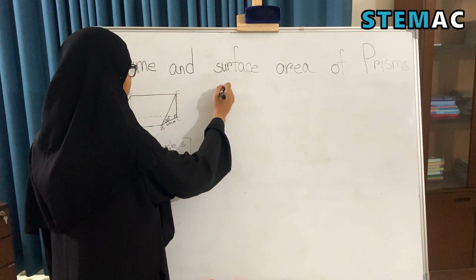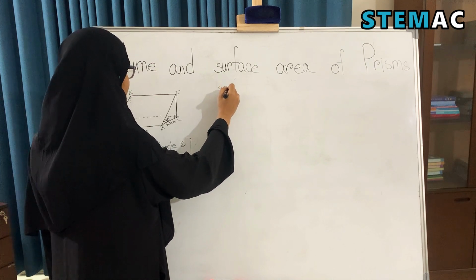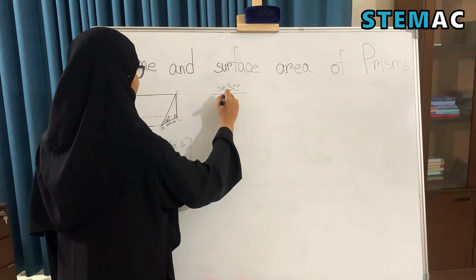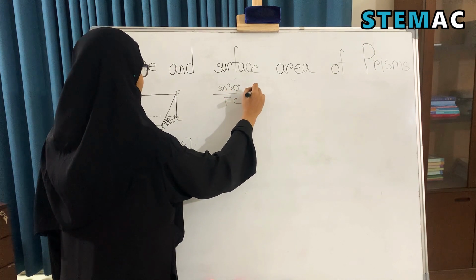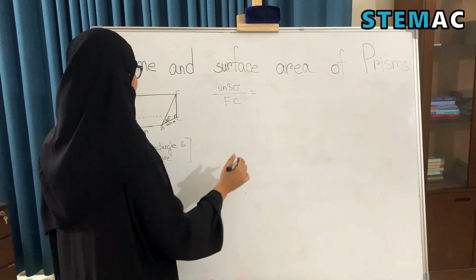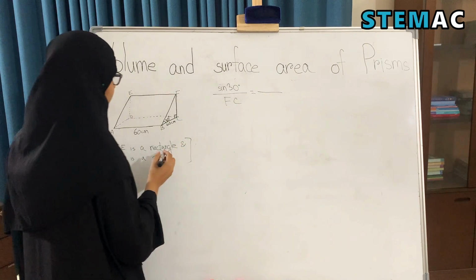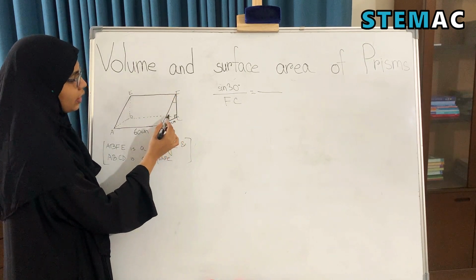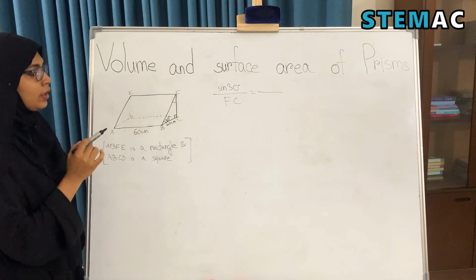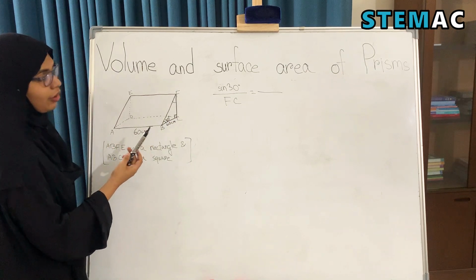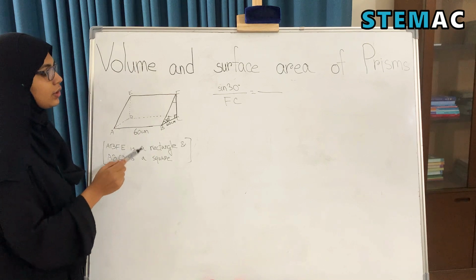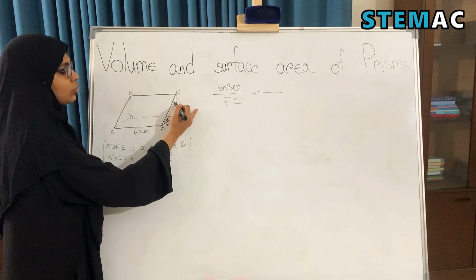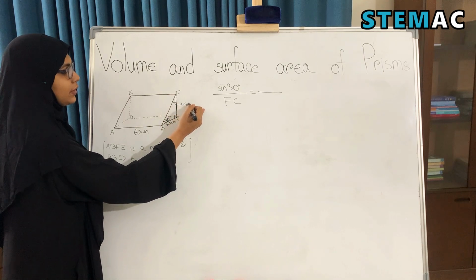We can write sine 30 divided by FC equals sine of this angle. The total internal angle of a triangle is 180 degrees. So 180 minus 90 minus 30 gives us 60 degrees. So the angle BFC is 60 degrees.